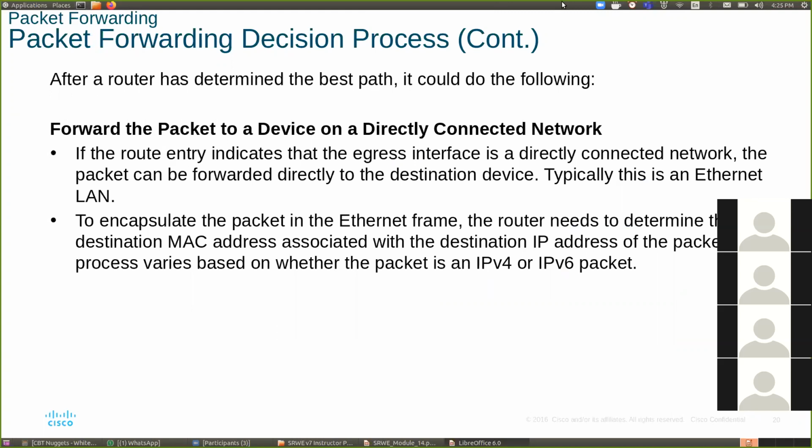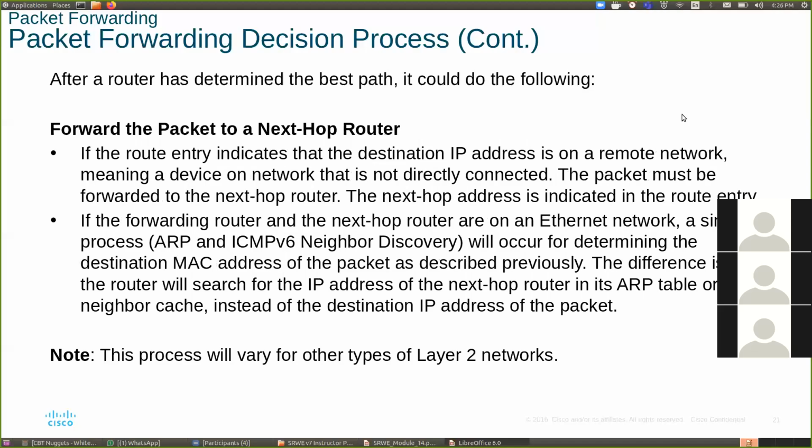We continue with the packet forwarding decision. Forward a packet to a device on a directly connected network. If the device is directly connected, it is easy, so the router forwards the packet to that device. After a router has determined the best path, it could forward the packet to the next hop router.